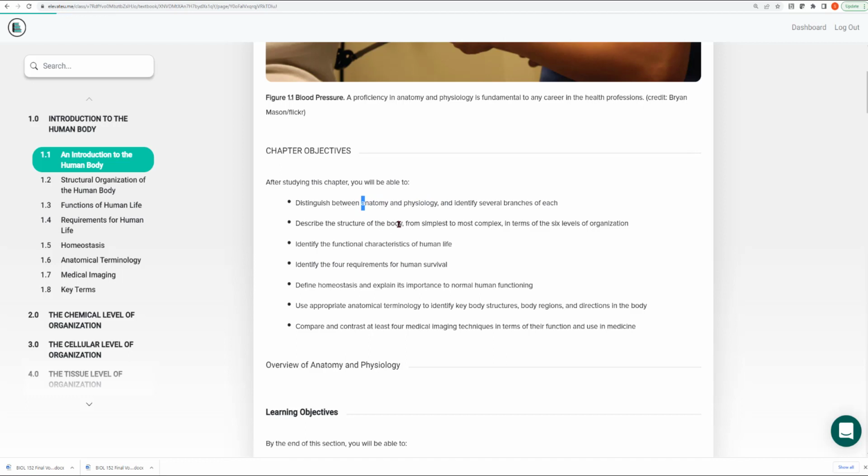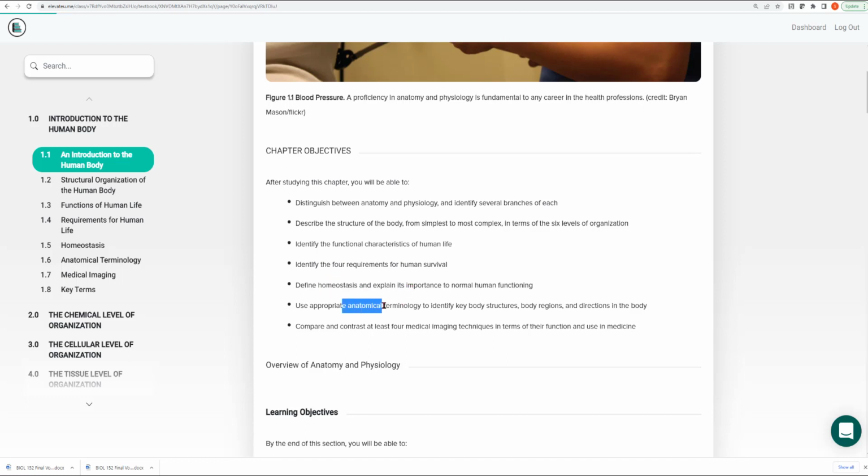Make sure that you can describe the structures of the body from the most simple to the most complex. And there are 6 levels of organization that you'll be learning about. Make sure that you can identify the characteristics of life. Make sure you know the 4 requirements for human survival. Make sure you understand the term homeostasis and can explain its role in normal human functioning.